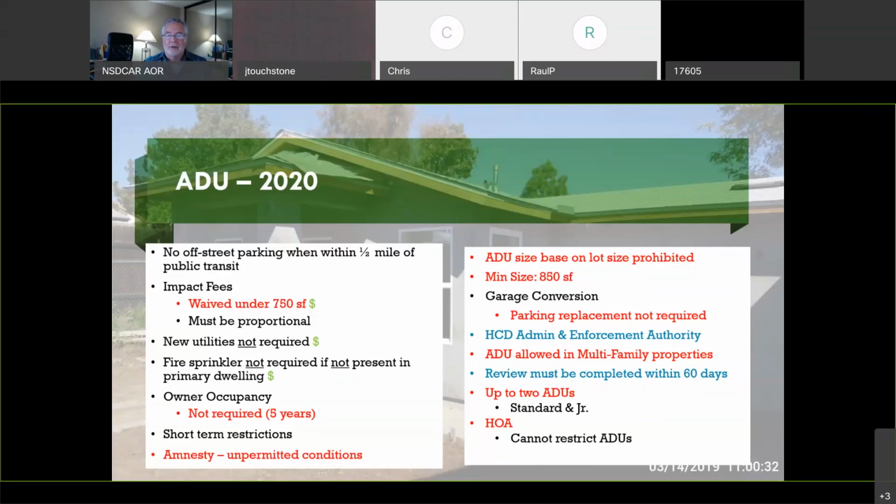I mean, this is just phenomenal, that all of these are now in play and the kinds of opportunities this is going to create in the marketplace. So I think this is an exciting time to get up to speed on ADUs and the opportunities they're going to present.